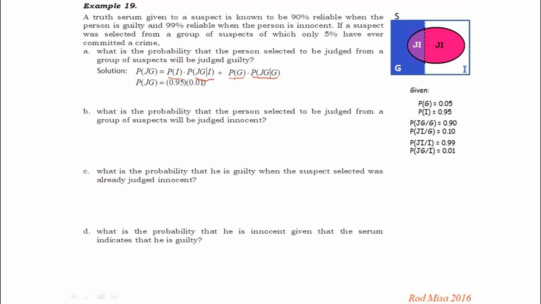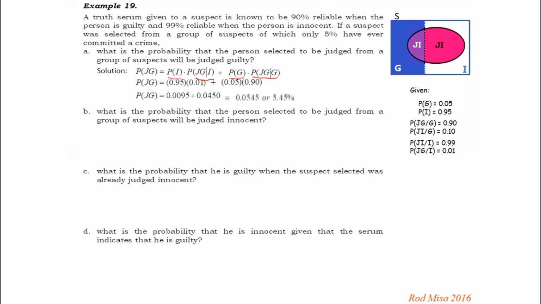And this will be added to the second case of the probability that the suspect is guilty, which is 5%, and the probability of judging him guilty given that he is really guilty of the crime, which is 90%. So the first product is equal to 0.0095 and the second product is equal to 0.0450 here.